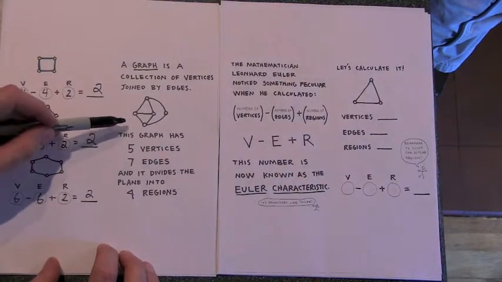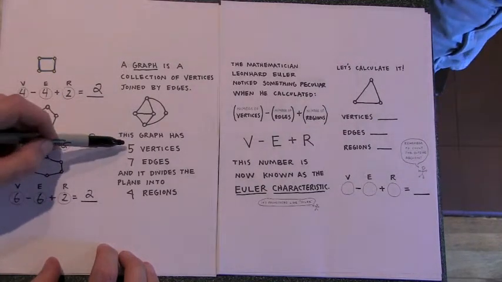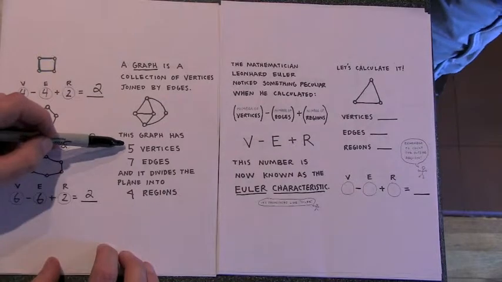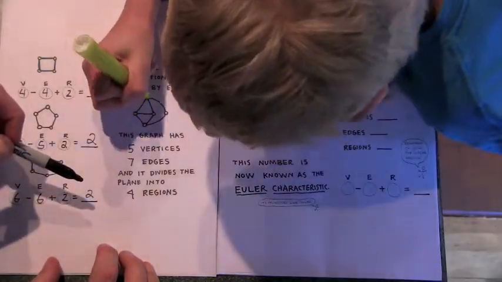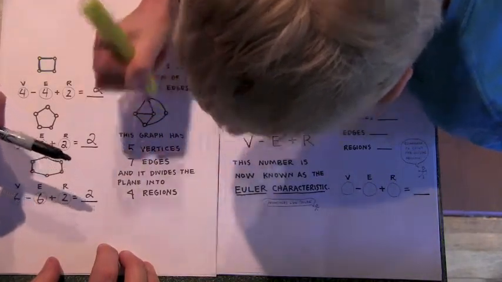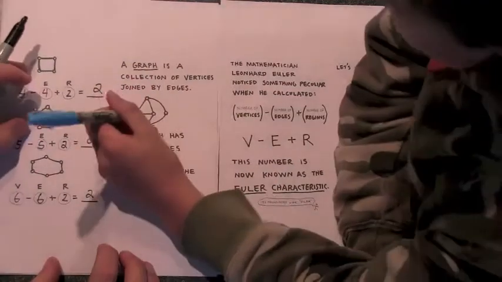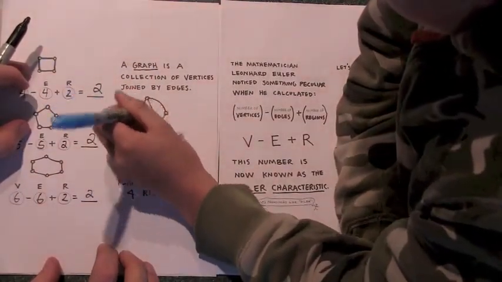And for this graph here, he actually gives you the calculation. It has 5 vertices. You want to color those in just so we see them? And I'll do the edges. The edges can be curved, right? Yes, absolutely.